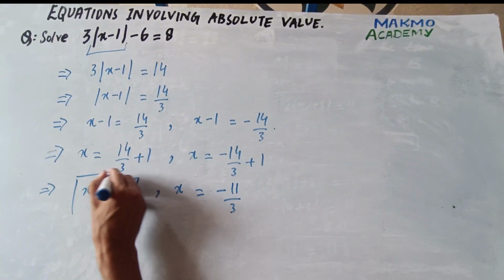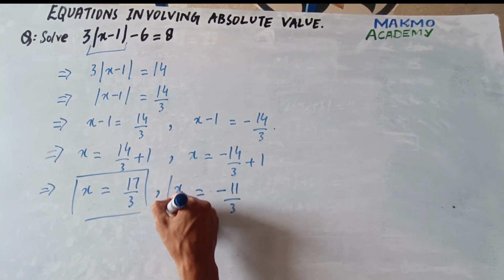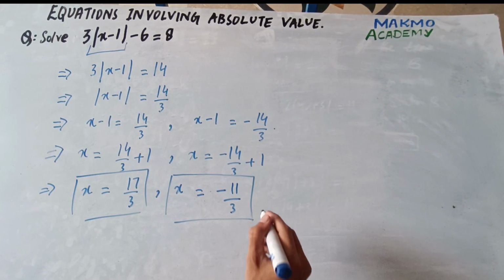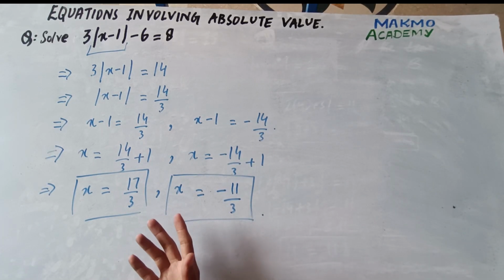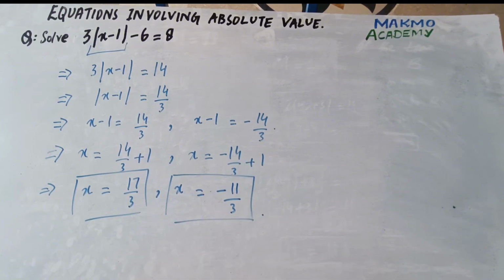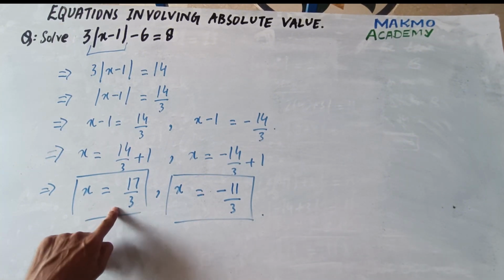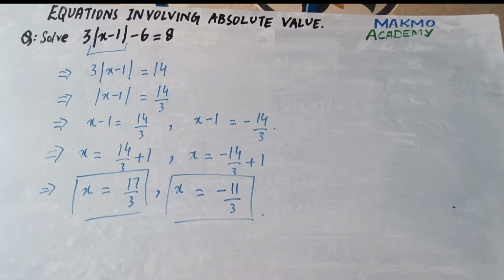These are the answers of x for this equation. As the question says solve, and it is not written to check, we will not verify it, although we can do it the same way as in the previous example: put this value of x in the equation, and you will get left hand side equal to right hand side, and if that value satisfies your equation, it will be the answer.